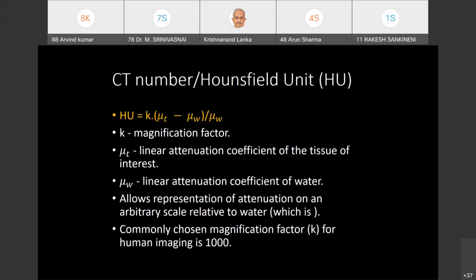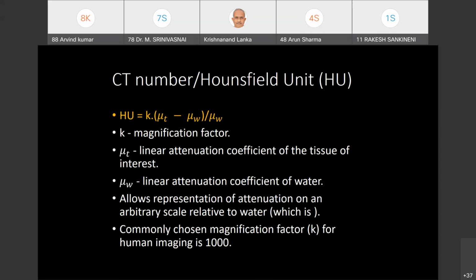So here we have what is called the CT number or Hounsfield number. This man, Hounsfield, invented the first EMI machine, the EMI Mark 1. So in honor of him, the parameter we use is called the CT number.